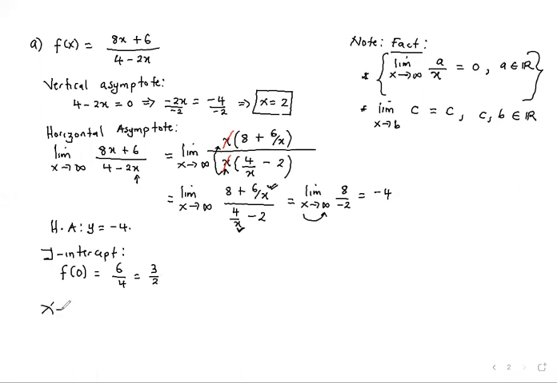And then the x-intercept, we said by equating the numerator to 0, so we get 8x plus 6 is equal to 0, implying that x is equal to -6/8, which is -3/4. Then now we can have the sketch of this function.